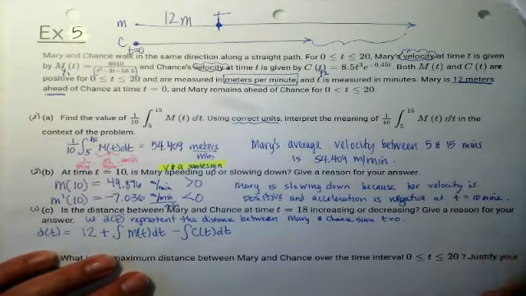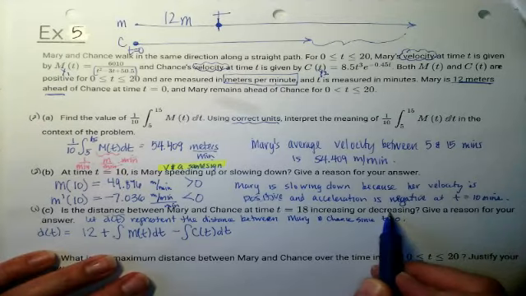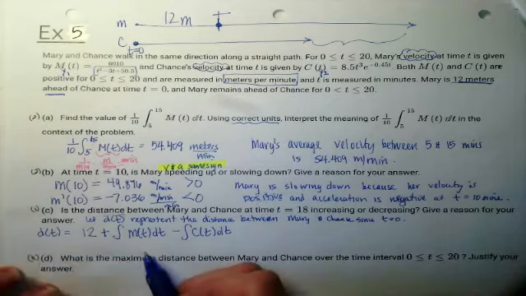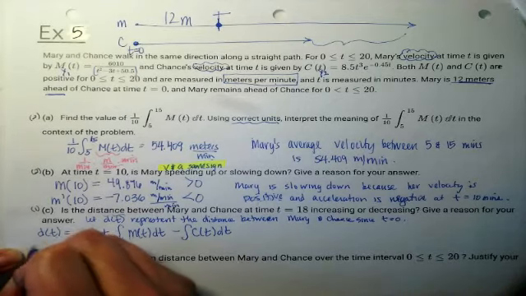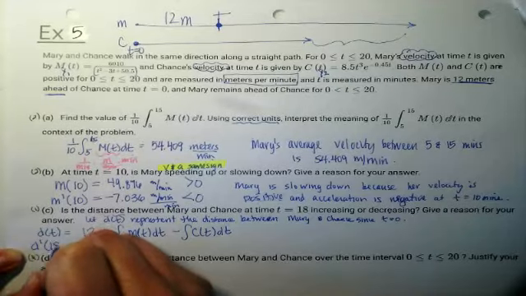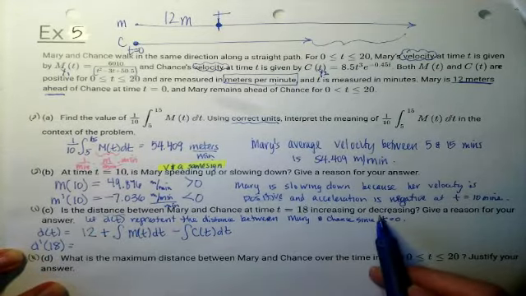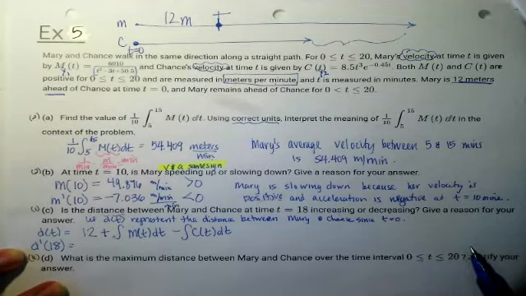Then, to tell if something is increasing or decreasing, that's a derivative, always. So what I want to do is take the derivative at 18 to find out, is it positive or negative? If the derivative is positive or negative, then we know if our distance is increasing or decreasing.